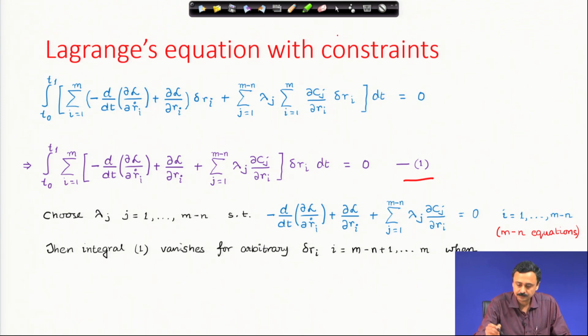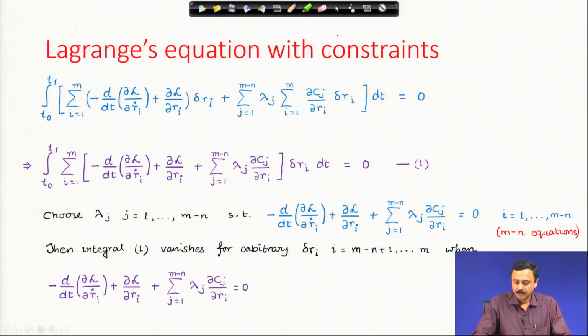In other words, these coefficients of delta R m minus n plus 1 to delta R m, for I equal to m minus n plus 1 to m, these are n equations.